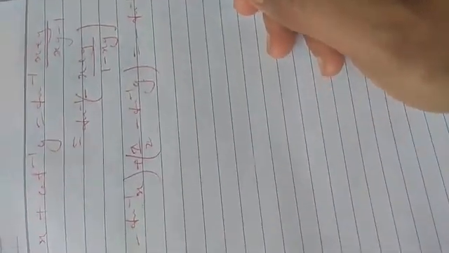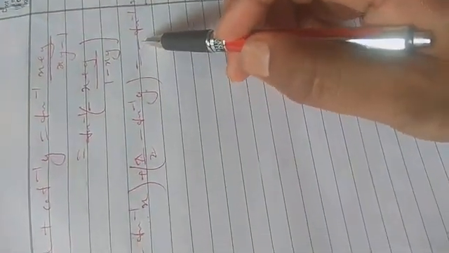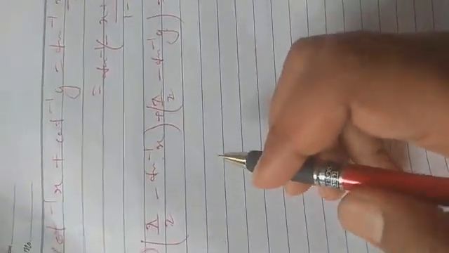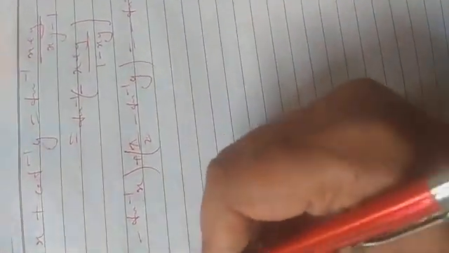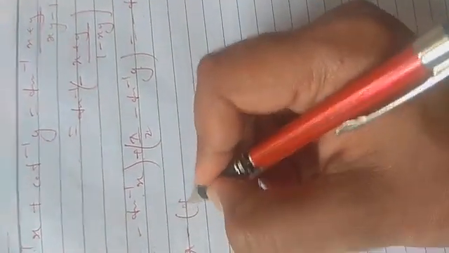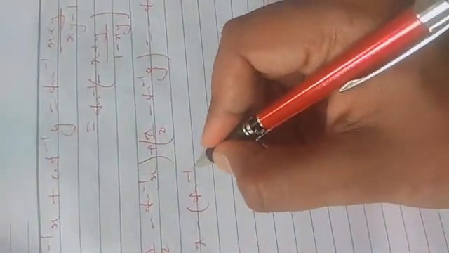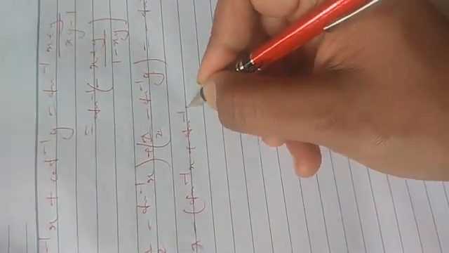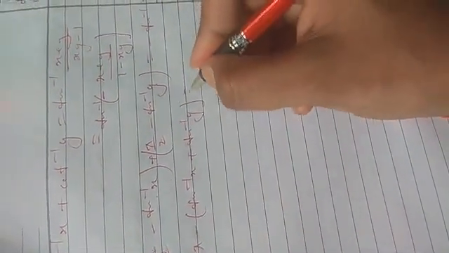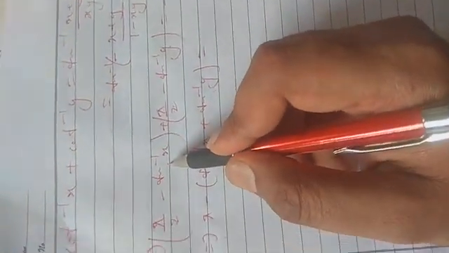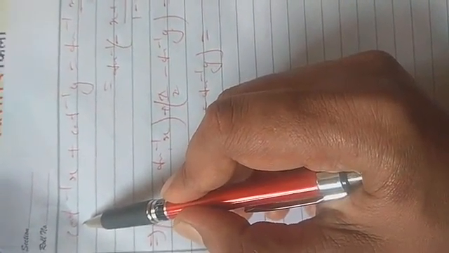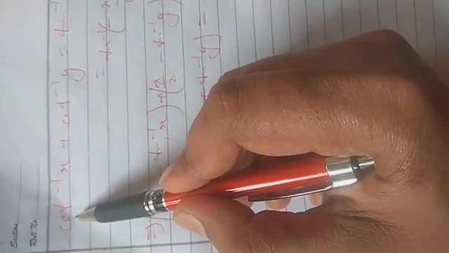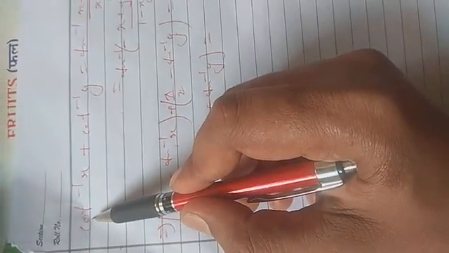Because in the first quadrant everything is positive, we got the minus of tan, so we put pi by 2 minus tan inverse x plus pi by 2 minus tan inverse y to get our result. Now pi by 2 plus pi by 2 becomes pi, minus tan inverse x plus tan inverse y. This pi by 2 minus tan inverse x can be directly written as cot inverse x. We have already studied the formula cot inverse x plus tan inverse x equals pi by 2.